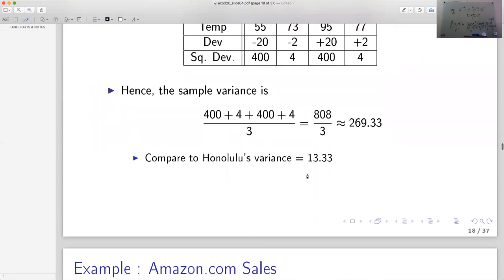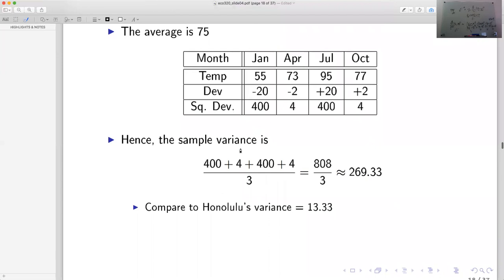So the Honolulu variance was 13.33, but Phoenix has about 270, much higher. This number describes how widely the data is distributed. Of course, it has more range, and the data was much more widely distributed.